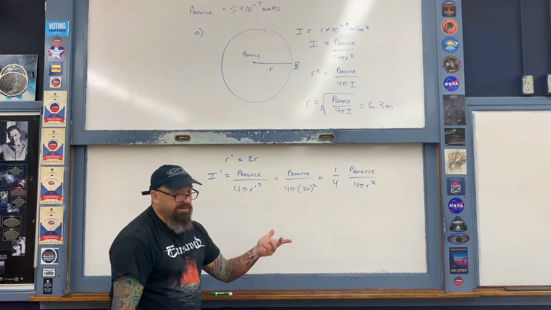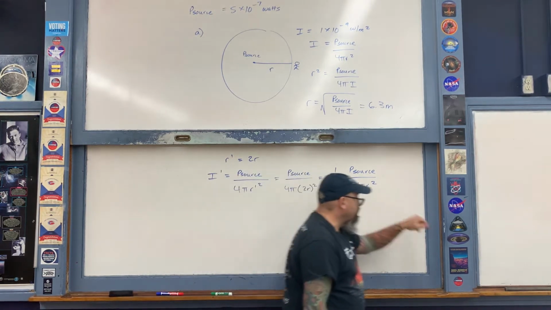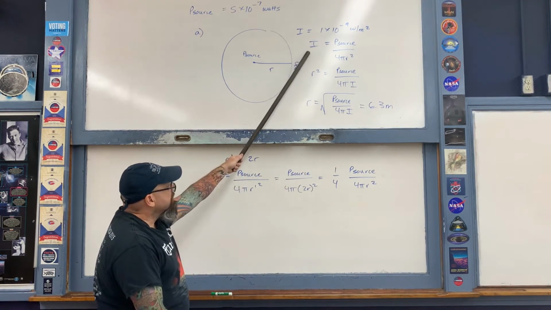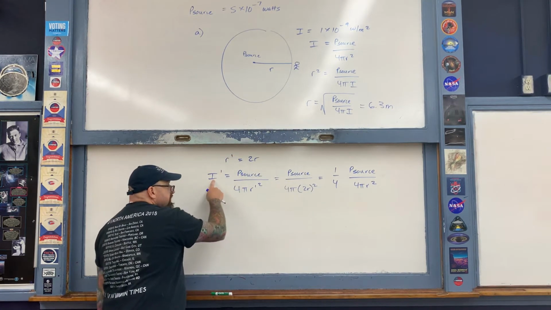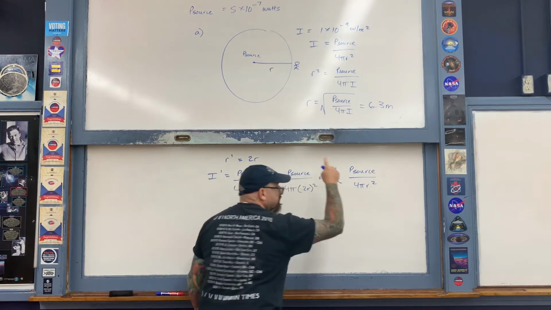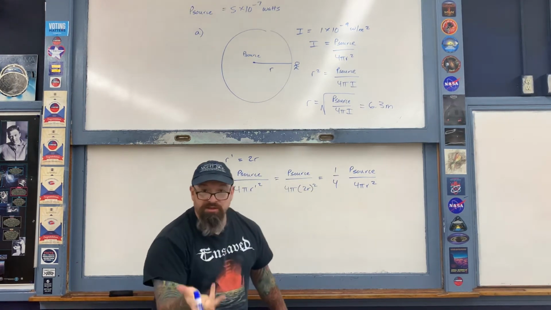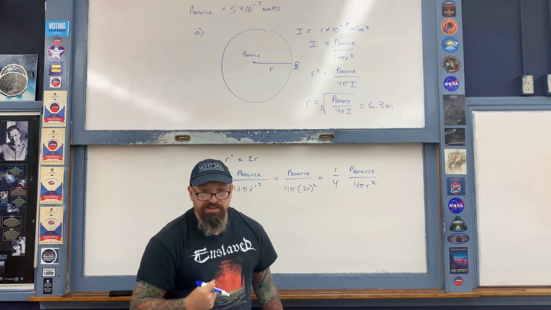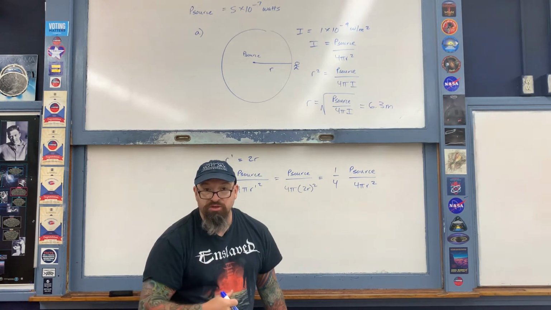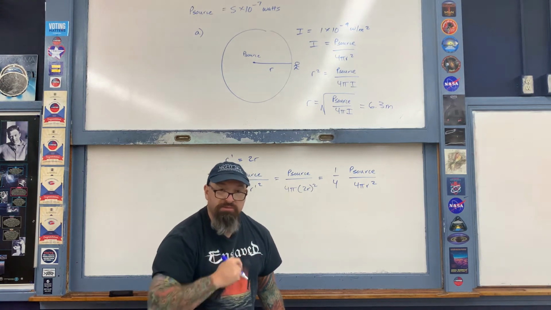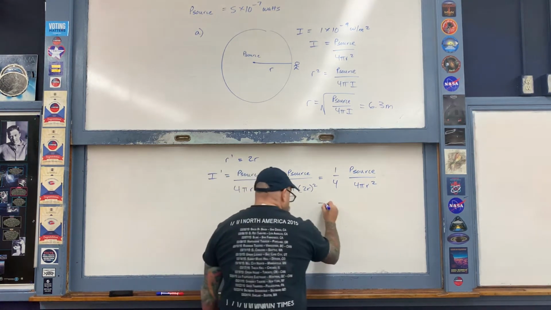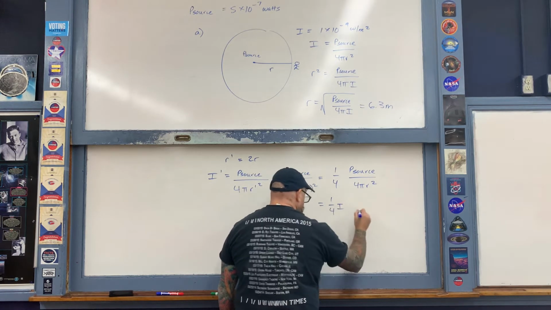And if you take a look on the top board, we already, of course, know what this quantity is. This quantity here on the top board is equal to the original intensity I. So the new intensity I prime is 1/4 of the original value. Once again, this is how the inverse square law works. If you move twice as far away, the intensity of the sound is 1/4 of the original value. If you would move 3 times further away, it's 1/9 of the original value, and so on. So the answer here is 1/4 of the original value of I.